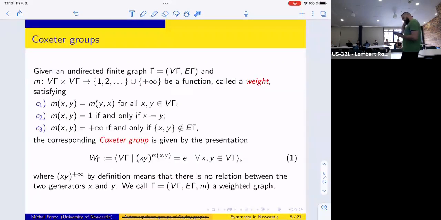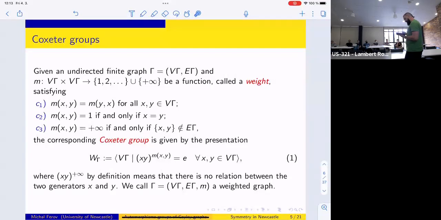Right, so just to quickly recap what a Coxeter group is, I think you might hear that again later today from the other speakers, so at least they will not have to spend that much time on the definition, though my definition might be slightly different.